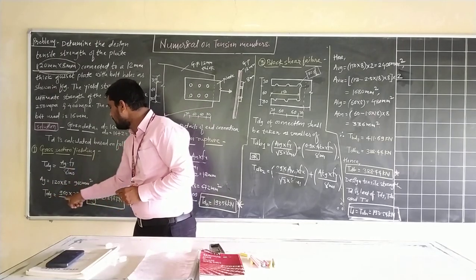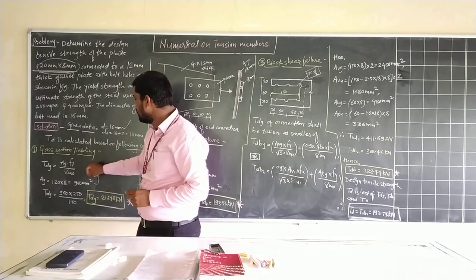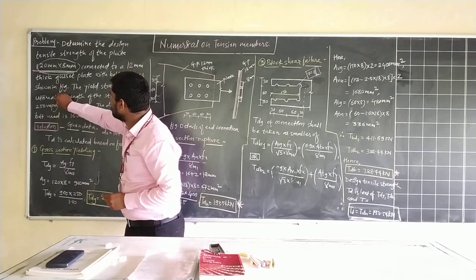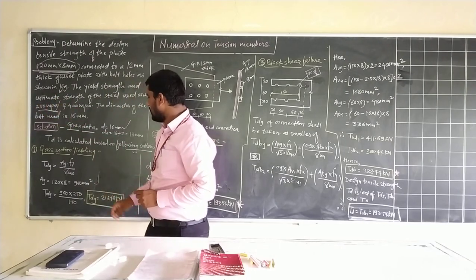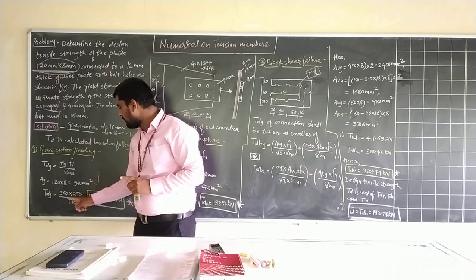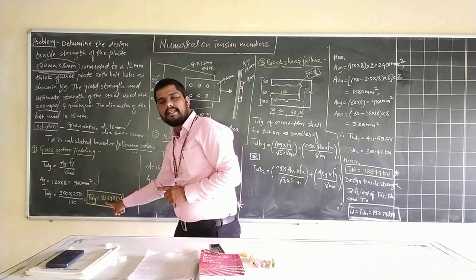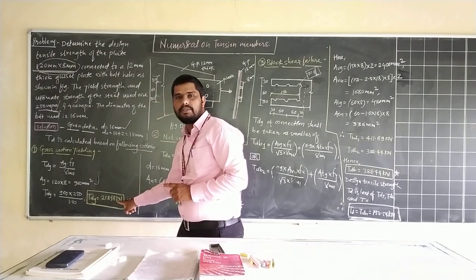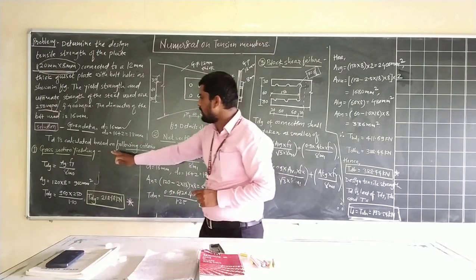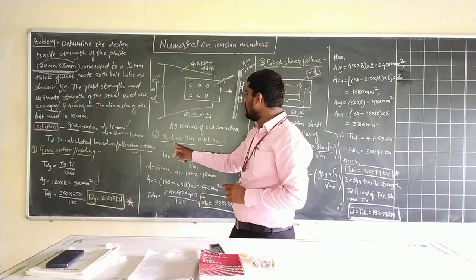Therefore TDG is equal to gross area 960, Fy is 250 as given, divided by gamma m0 partial safety factor 1.10. So the TDG value is equal to 218.18 kilonewton.